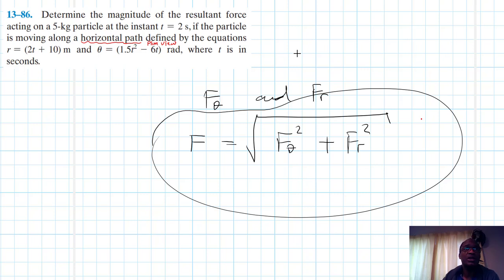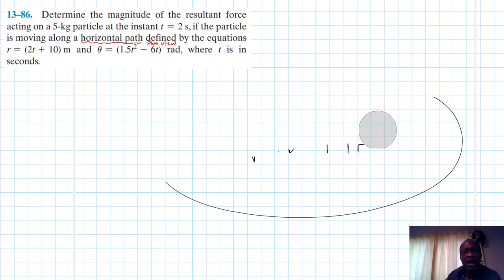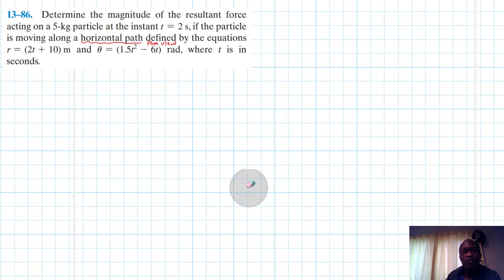The acceleration will change the magnitude of its speed, or change its direction, or change both. So these F theta and Fr are the components of the resultant force exerted on the particle. We can use these components to find the actual force, and this is what we are going to do in this particular case.